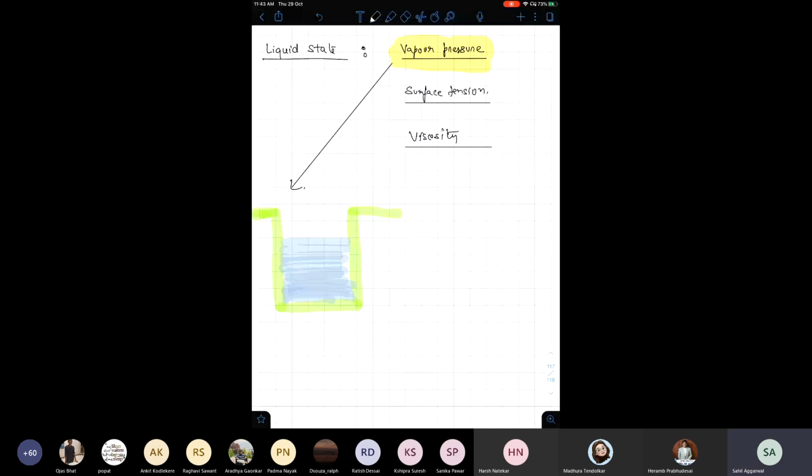For example, you have some liquid state and you are heating it. ठीक है, आप इसको हीट कर रहे हो.